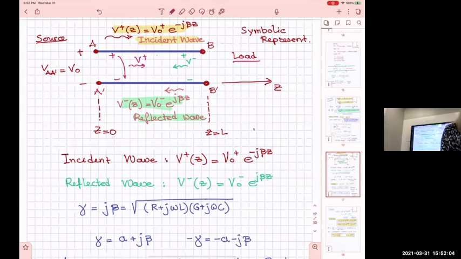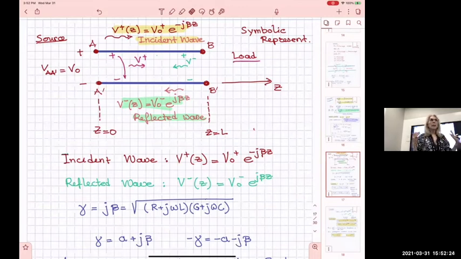The other wave is moving from the right to the left, because on the right hand I have my load, on the left hand I have my source. It's called the reflected wave. And why do we have that? Because we try to visualize in time what happens, even if there is no time here, it's only frequency.